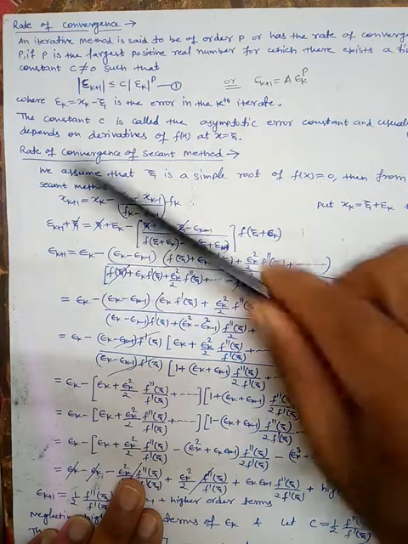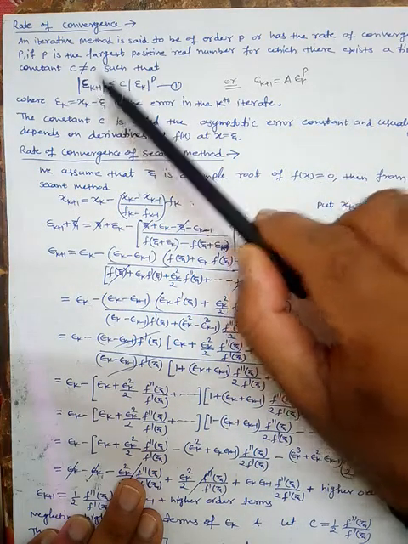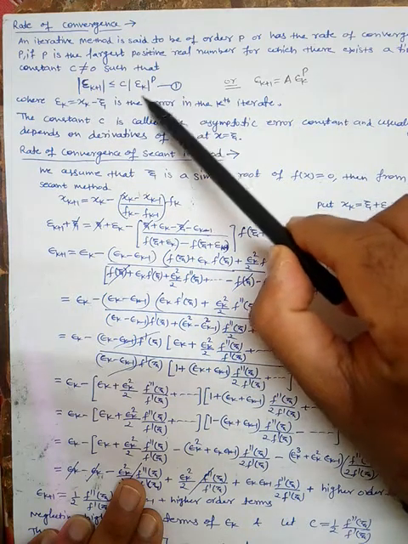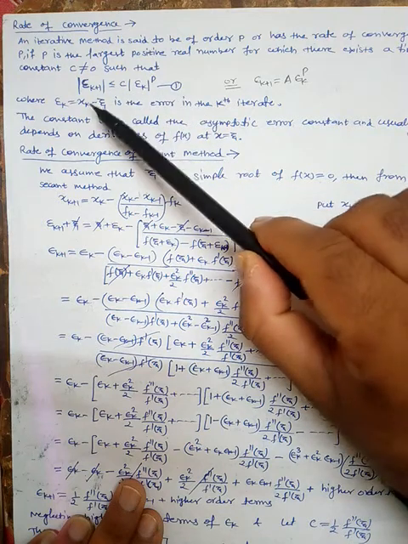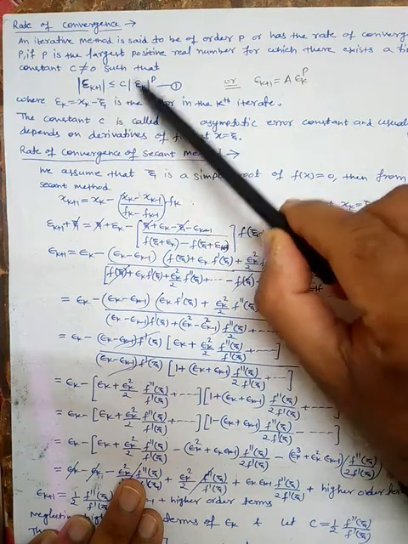What is epsilon k plus 1? Epsilon k plus 1 is the error in the k plus 1th iterate, just like epsilon k is the error in the kth iterate xk. So what is epsilon k?